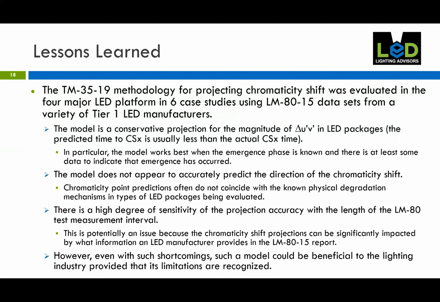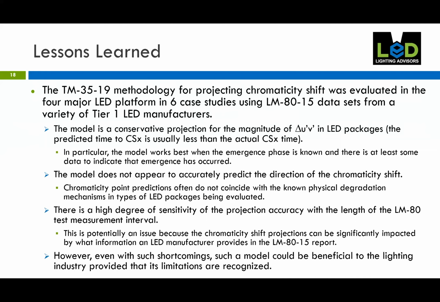The model is a conservative projection for the magnitude of delta u'v' in LED packages, or the predicted CSX time is actually less than the real time. So you want it to be conservative so we don't have a challenge with premature failure. In particular, the model works best when the emergence phase is known and there is at least some data to indicate that emergence has occurred. That is when we see the most accuracy.